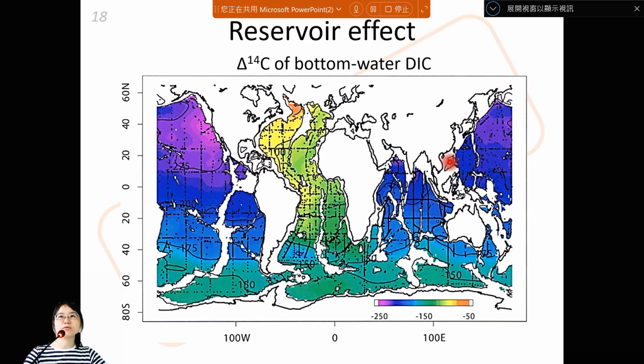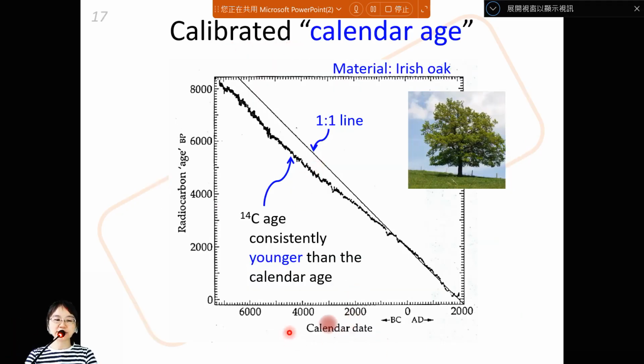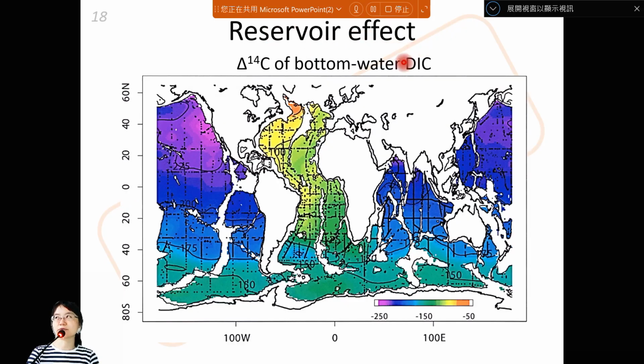However, if today you want to date benthic foraminifera, or coral, you need to take into account that they are benthic organisms and they assimilate their biomass, or their test, or their skeleton from bottom water DIC, and bottom water DIC is older than the CO2 at the same time. Therefore, when you want to calculate back to calendar date, you need to take the reservoir effect into account.